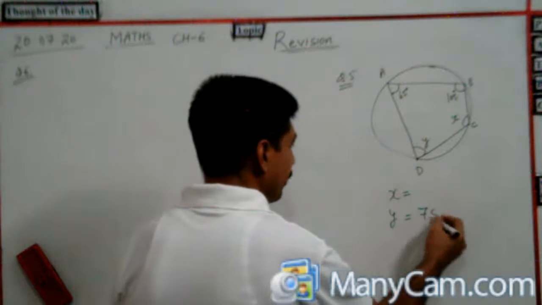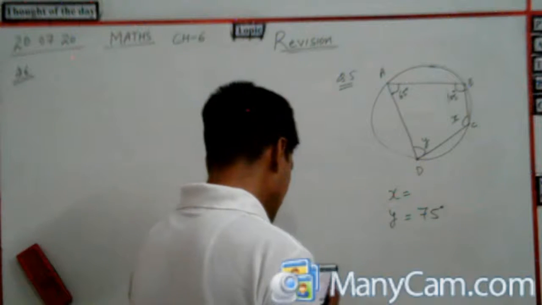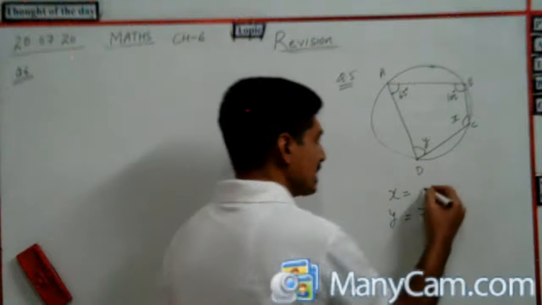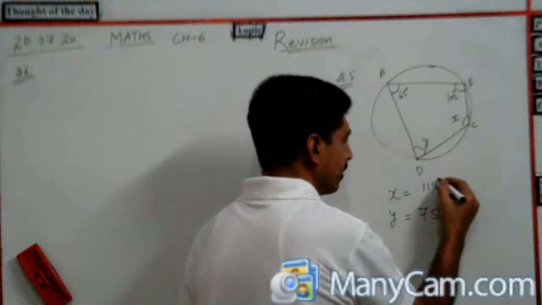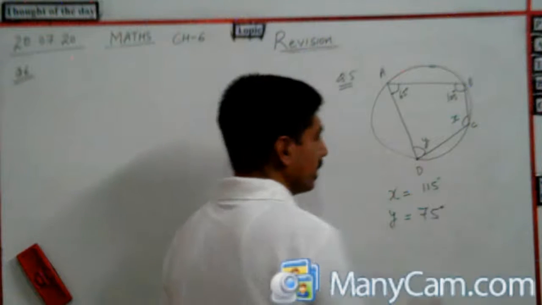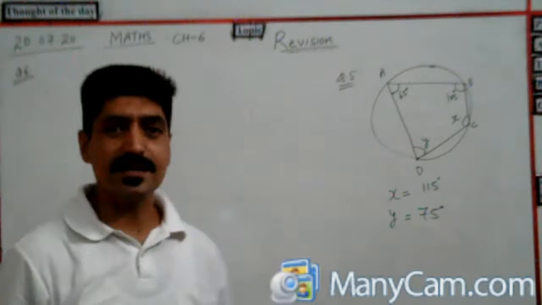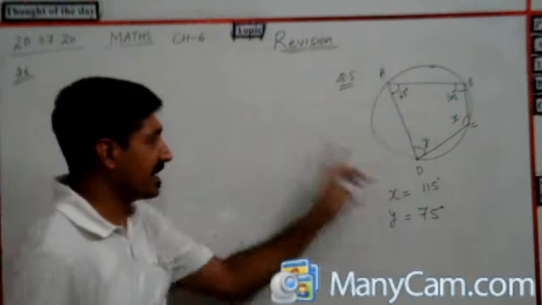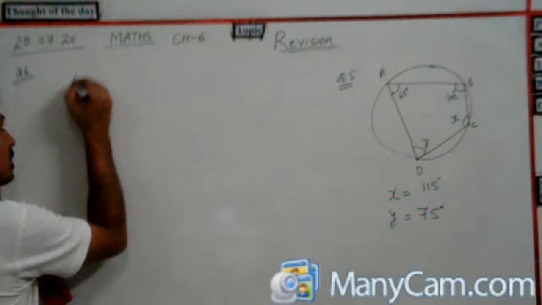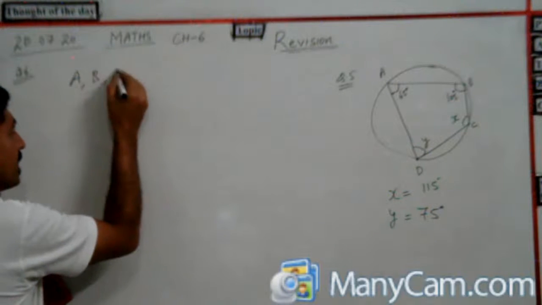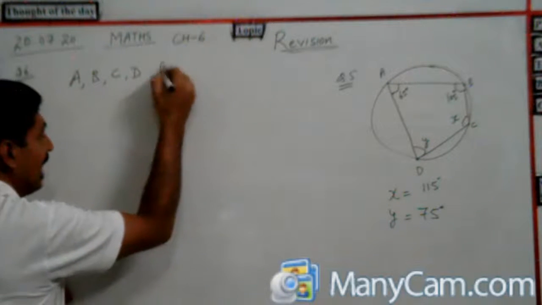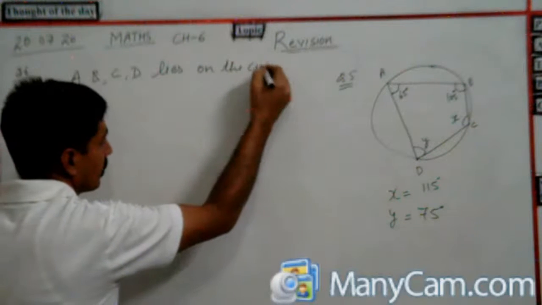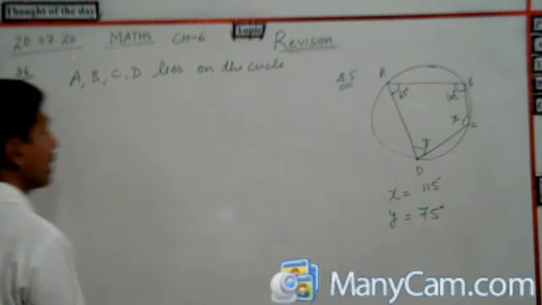Y is 75 and x is 115. So here both the answers are right because all these 4 points A, B, C, D lie on the circle. Right?